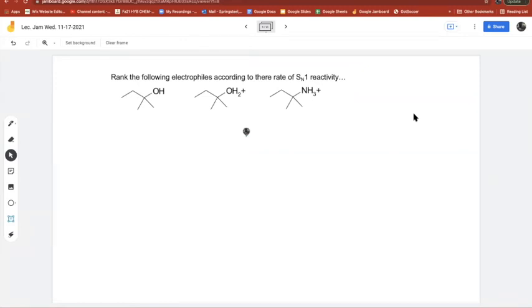Well, we have it leave. So I'm going to show all the leaving groups leaving and decide which one's the best. There, I'll make this red too. How to make it stand out? There we go.